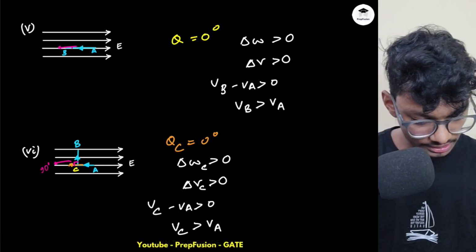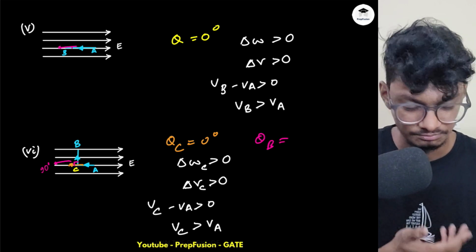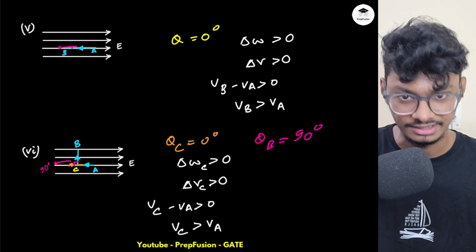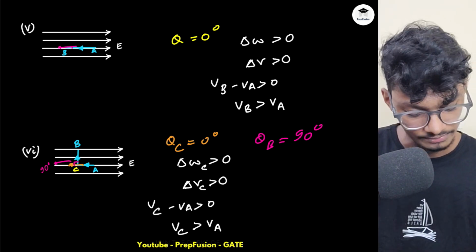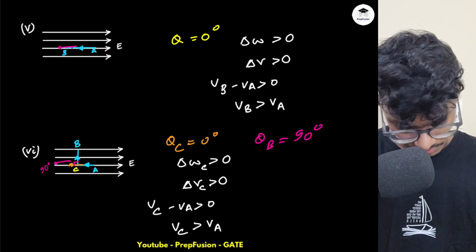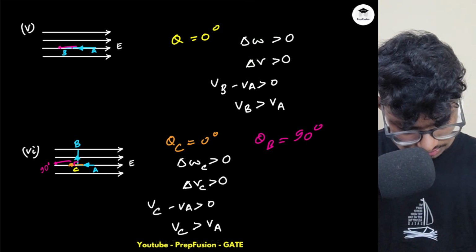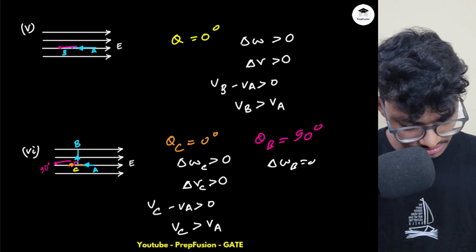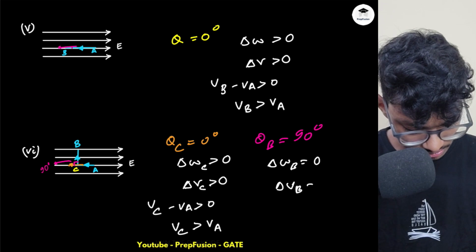I'm just picking the notation theta B myself; theta B doesn't represent anything standard. I'm just picking that angle during the second phase of DL as 90 degrees, so this is my theta B. Because cos 90 is 0, delta VB is 0.